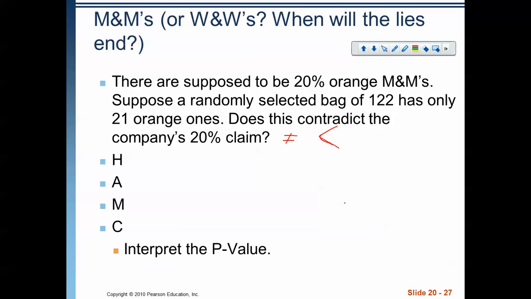So you can make the argument that you could use a one-tailed or a two-tailed for this. The one-tailed, because we have a proportion that's definitely smaller than 20%, we could make the argument that we could just do a one-tail on this because we are looking at a p-hat sample proportion that is smaller. On the other hand, we could make the argument that because it says, does this contradict the company's claim, there's no specific question saying, is it definitely smaller, is it definitely bigger?